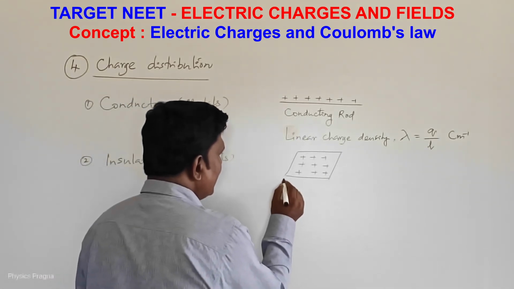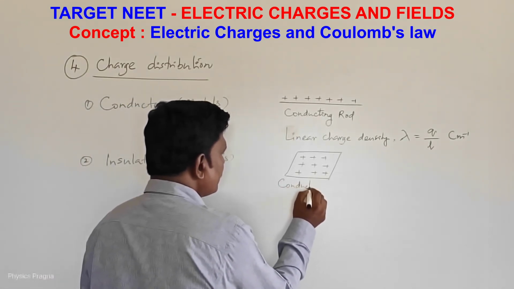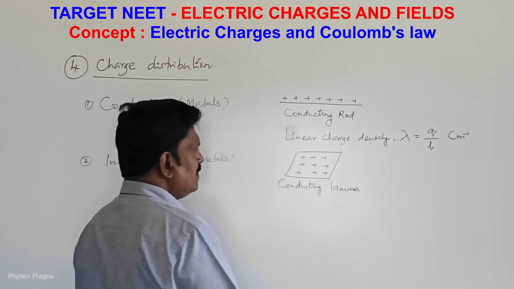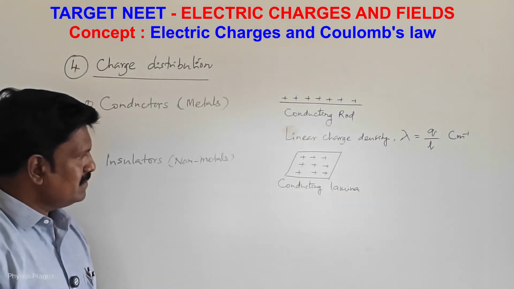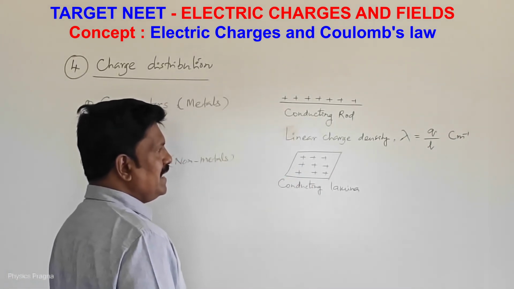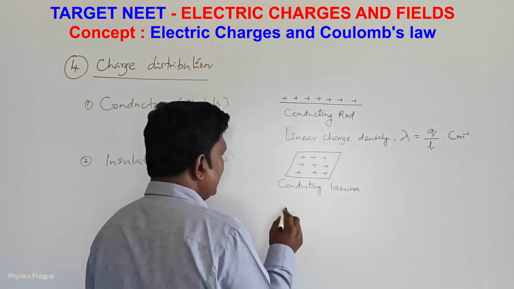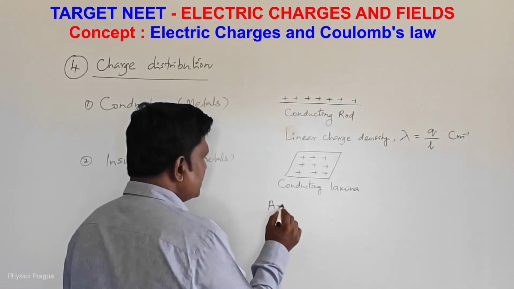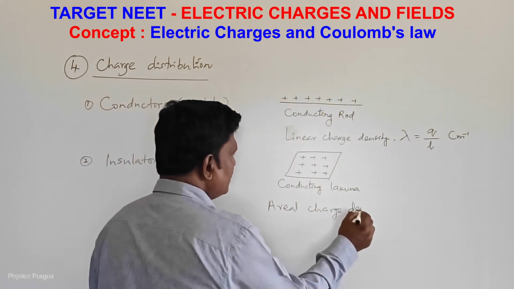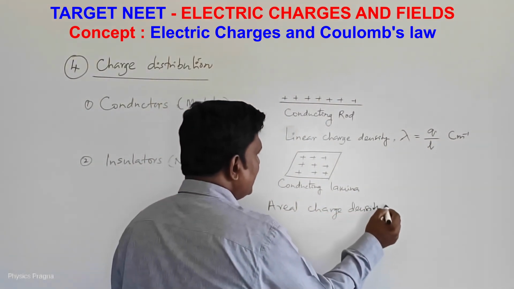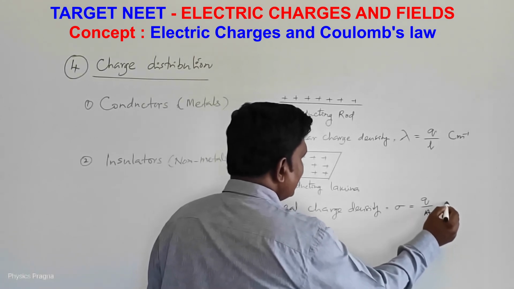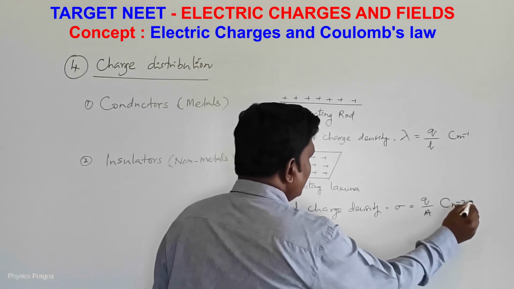I have taken a conducting lamina or metal sheet and given charge. On the area, the charges spread, because thickness is very small. So here we have to calculate areal charge density. The symbol sigma is equal to charge by area. The SI unit is coulomb per meter square.